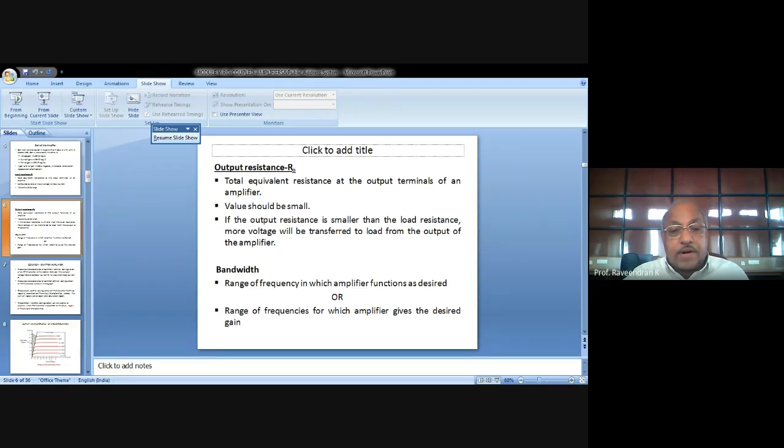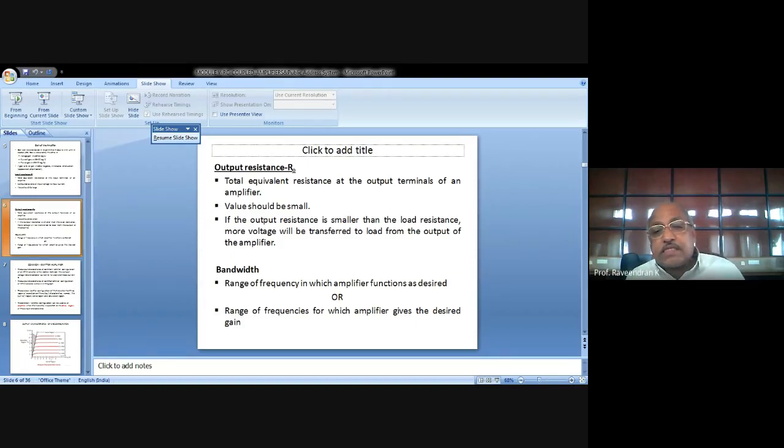So the common emitter configuration can be used as an amplifier when the transistor is operated in the active region of the output characteristic, where we actually see all these regions. The regions of operation are seen on the output characteristic, isn't it? That is the plot between VCE and IC for a constant IB.